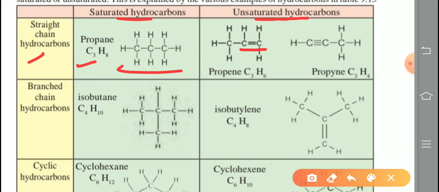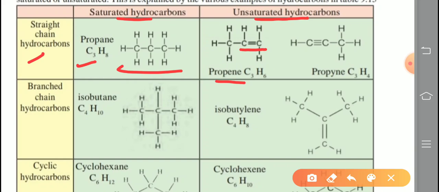So what is the general formula? CnH2n. So propane means 3 carbons present. So what is the n value? 3. So C3H6. Only 6 hydrogens in case of alkene, that is propene, and propyne at the last, YNE. So the general formula of alkyne is CnH2n minus 2. So C3, it is propyne, means 3 carbon atoms.